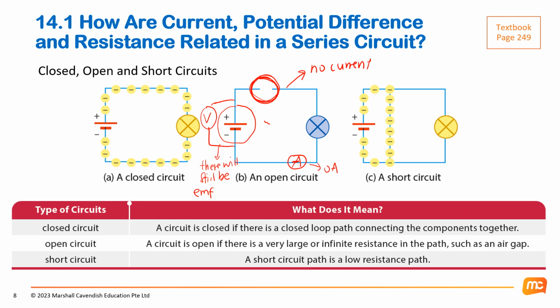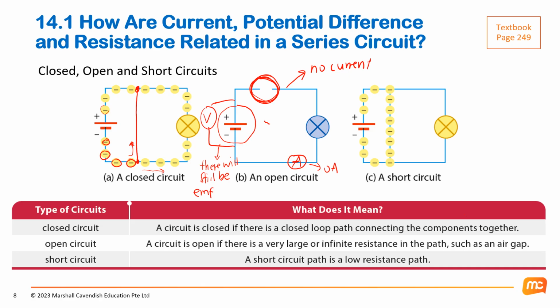Now, what happens, right? If let's say I have a normal closed circuit and I decide to be very mischievous, right? I put a wire across. Okay, now you think about it, if you were the electrons moving through the circuit, would you take a shortcut to get back to where you came from, or would you take a longer path if given a choice?